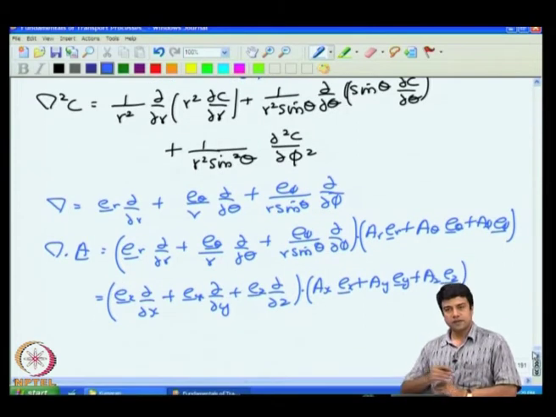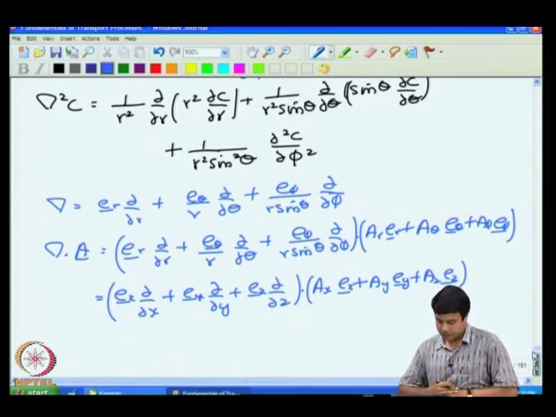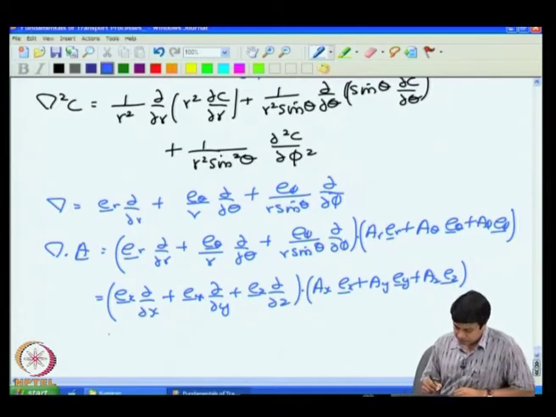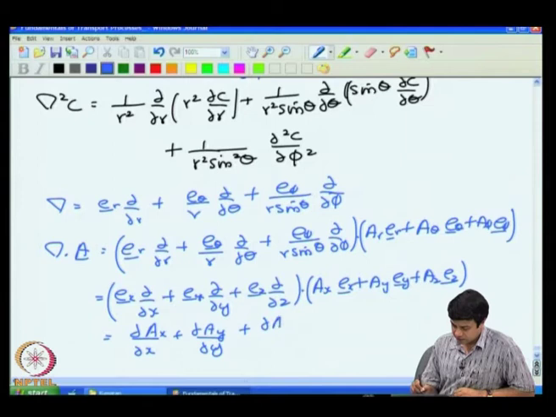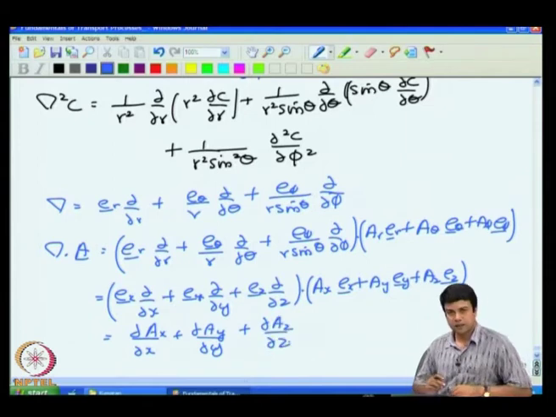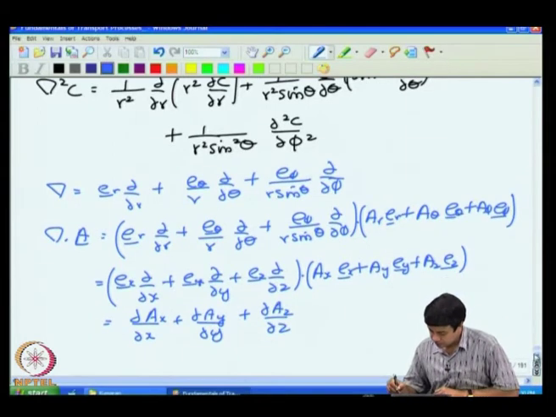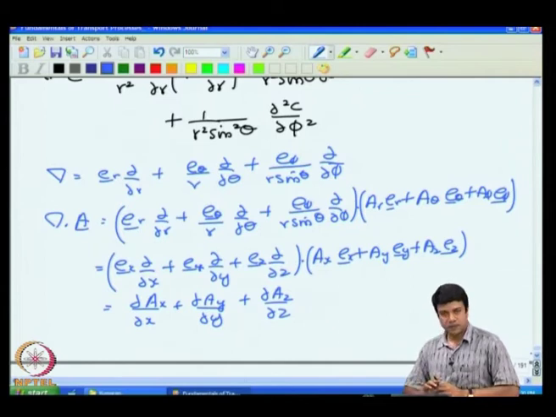And the equivalent in the spherical coordinate system. In the Cartesian coordinate system, we just took the derivatives of the components and dotted the unit vectors to finally get dAx by dx plus dAy by dy plus dAz by dz. So, that was the simple solution in a Cartesian coordinate system.